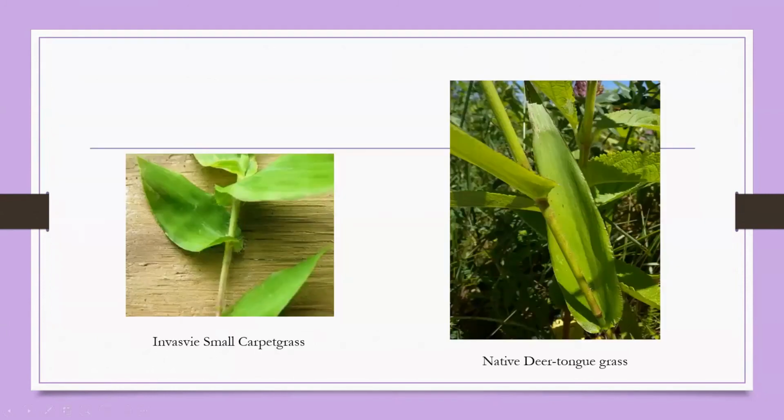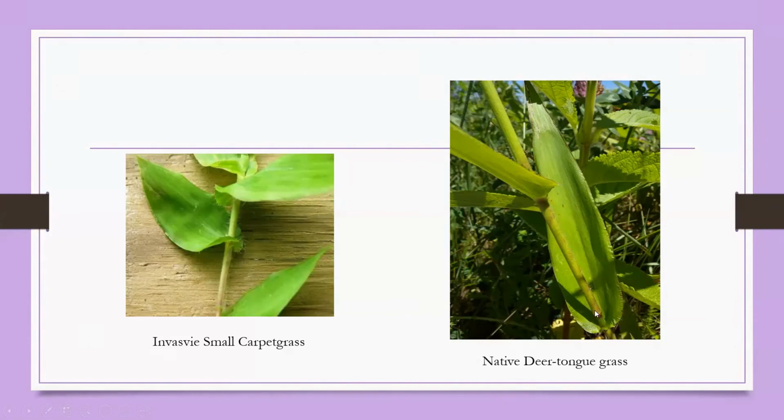Next slide. Okay. So now you can see the difference. On the left is the small carpetgrass. You've got a shorter 1 to 2 inch leaf clasping along that stem, and you've got those little hairs right where her cursor is. The native deer tongue has a much longer leaf, much strappier, and you do not have all of the hairs along the leaf margin that you're going to have with small carpetgrass.